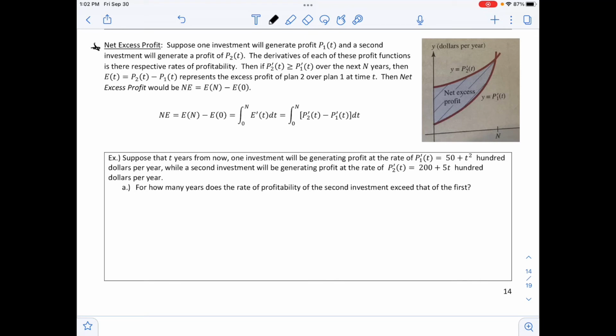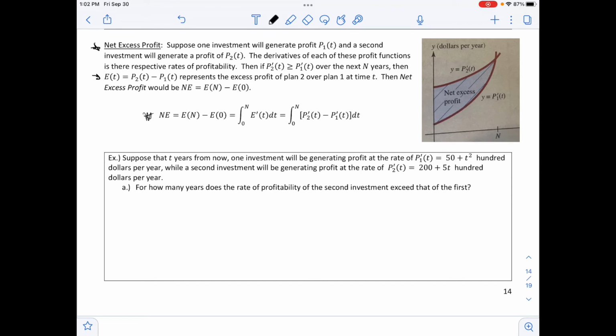Then if the derivative of the second one is greater than or equal to the derivative of the first one over the next n years, then E of t is going to be equal to P2 of t minus P1 of t, which represents the excess profit of plan 2 over plan 1 at time t. Then the net excess profit would be NE, which is E of n minus E of 0. So that is given down below in the formula.